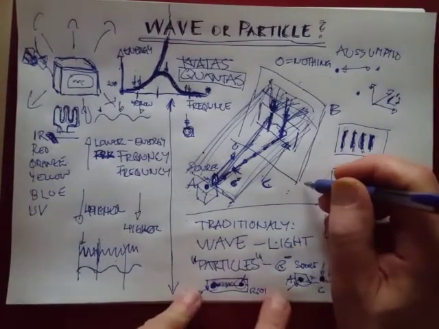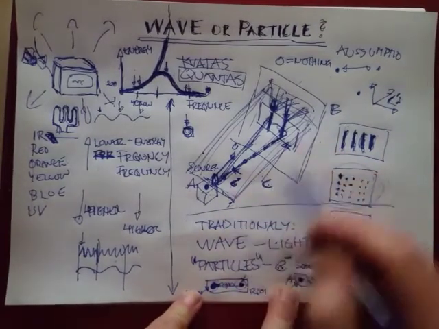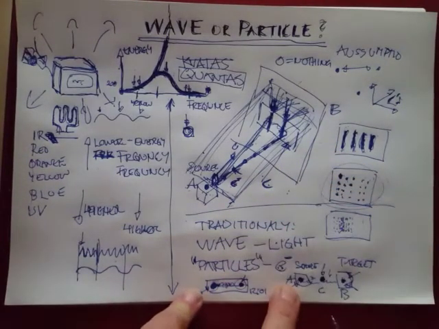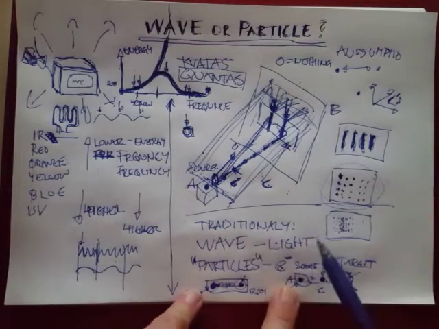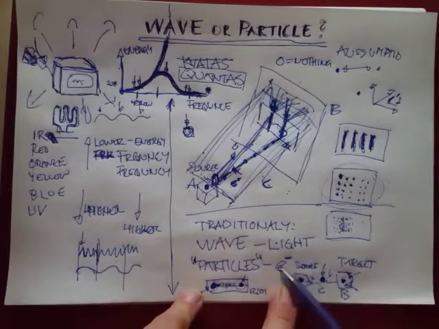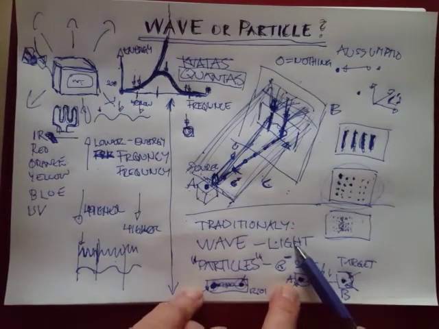The point I want to make is that light and electrons behave the same in the two slits experiment. And the way they behave is like a field. They are both fields, two different fields. This is an electron field, and this is an electromagnetic field.